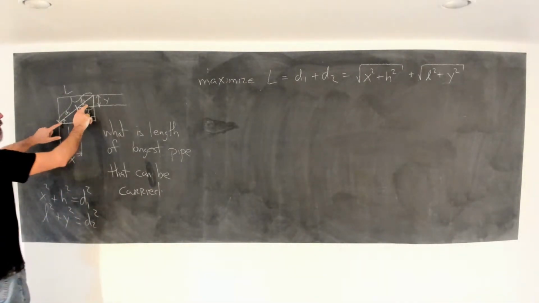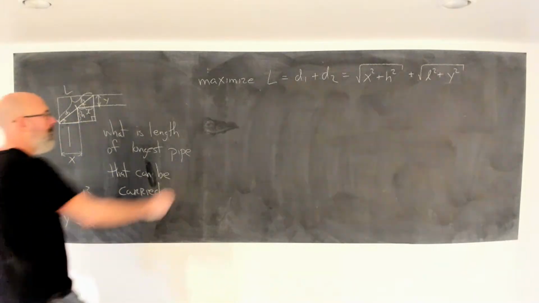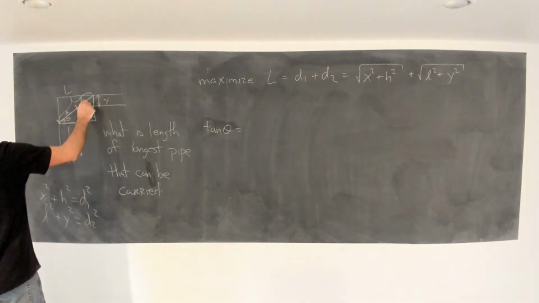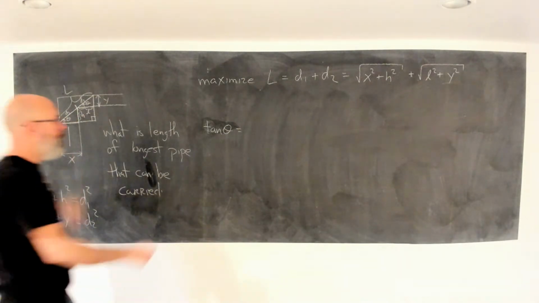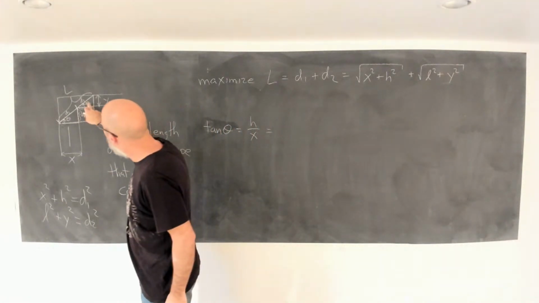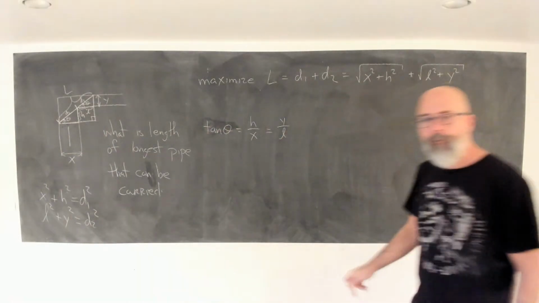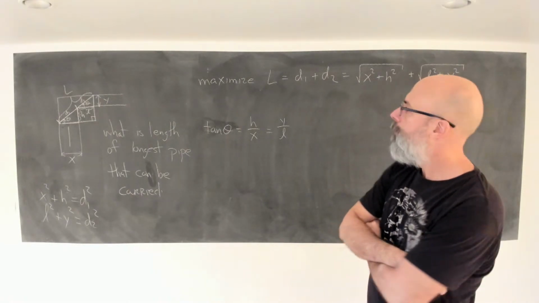But these two angles are the same. So the tangent of that angle is opposite over adjacent, h over x. And the tangent of that angle is opposite over adjacent, y over L. Is the width of y the same as x?